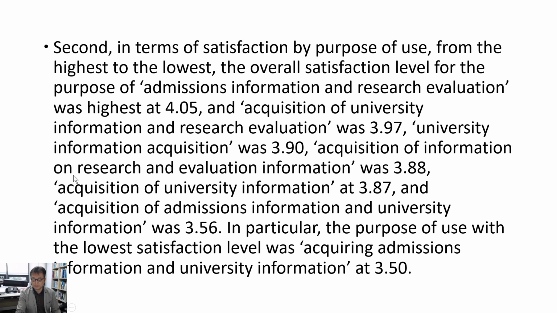Acquisition of information on research and evaluation information was 3.88. Acquisition of university information at 3.87, and acquisition of admission information and university information was 3.56. In particular, the purpose of use with the lowest satisfaction level was acquisition of admission information and university information at 3.5.